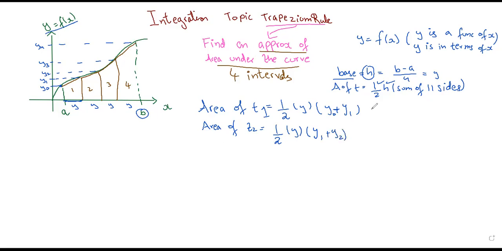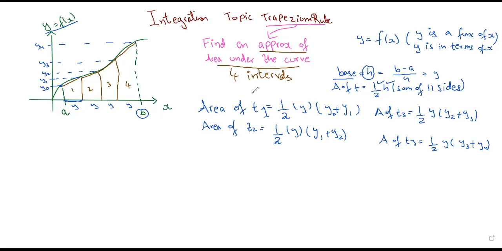Then if we talk about the area of trapezium 3, it would be 1 by 2 y, y2 plus y3, and then the area of trapezium 4 would be 1 by 2 y, y3 plus y4.